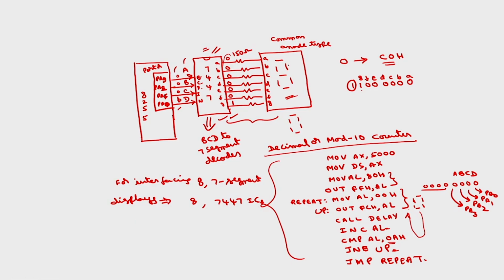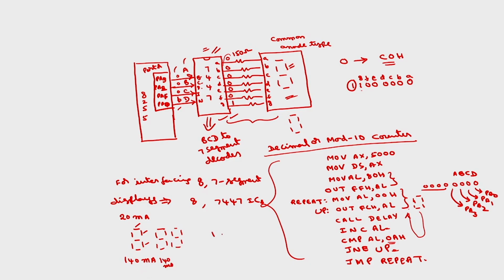When a particular segment is on, it draws a current of 20 milliamps. If I want to display 8 on each display, so for a single display, to display 8, all 7 segments are on, each drawing 20 milliamps, so the total will be 140 milliamps. If I use 8 such displays, what is the total current? This is 140, this is 140 milliamps and so on.